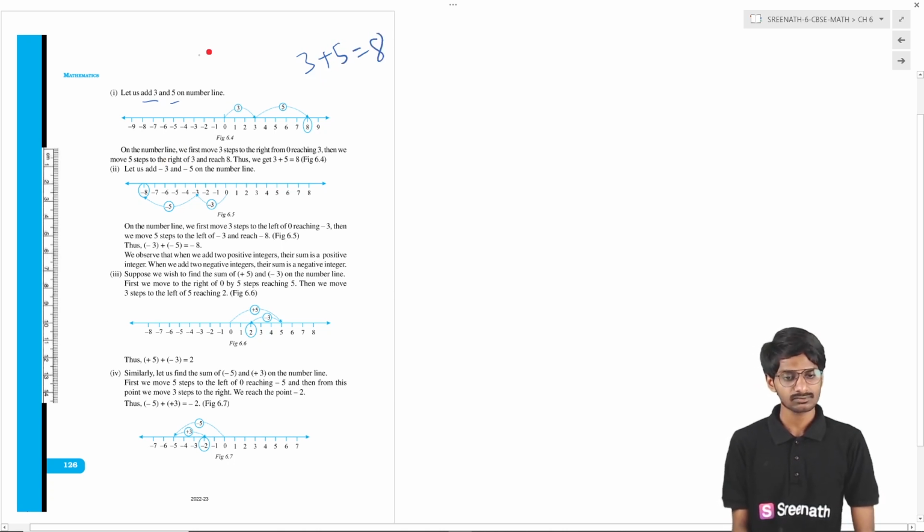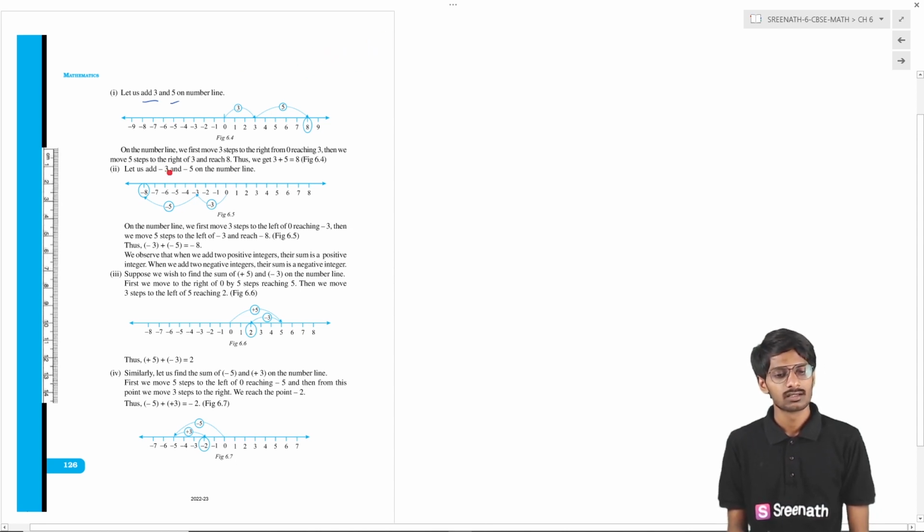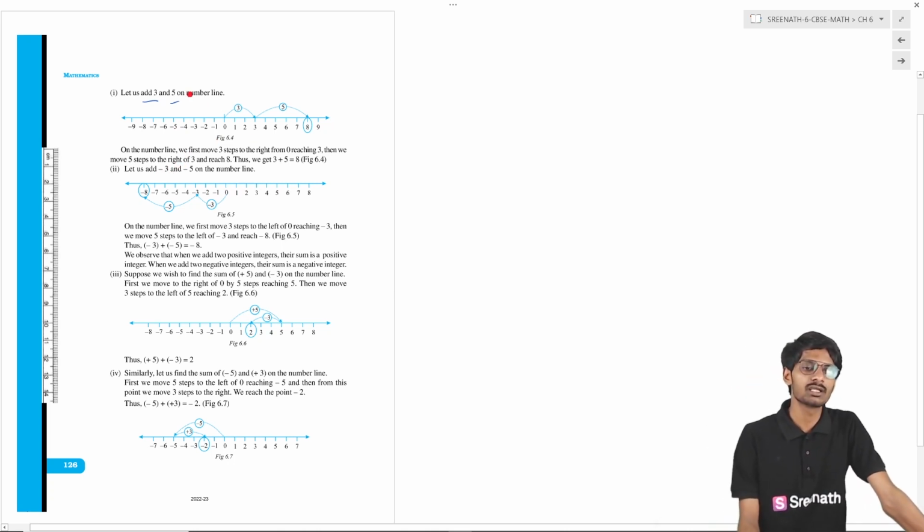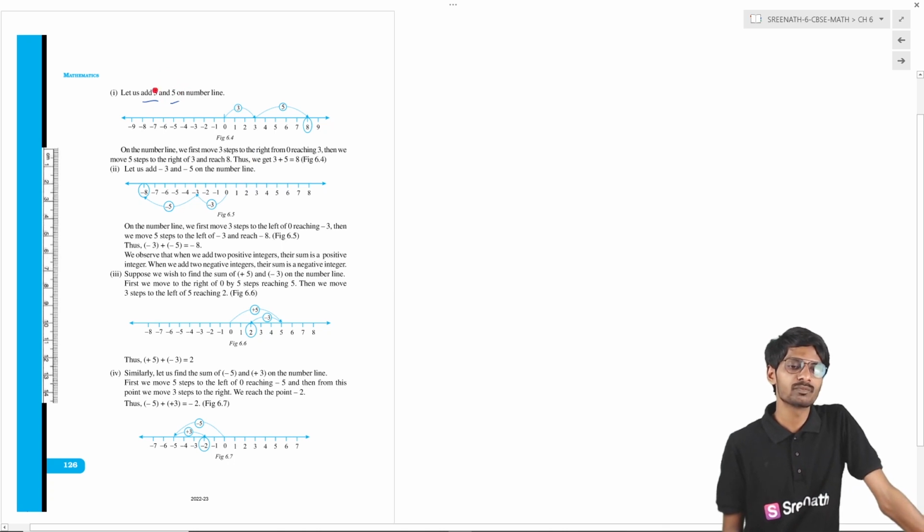That's it. Suppose you have to add minus 3 and minus 5. How will you do it? In this case, if there is minus 3 and you go to the right side towards 3, then there will be no differentiation between adding 3 and adding minus 3. So you have to show some difference. So we are moving 3 steps on the negative side, minus 3.